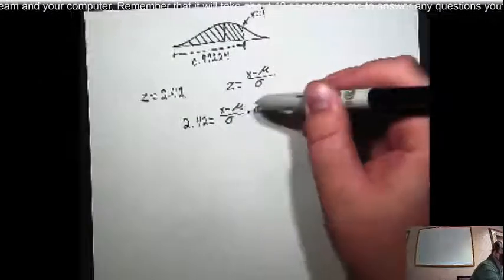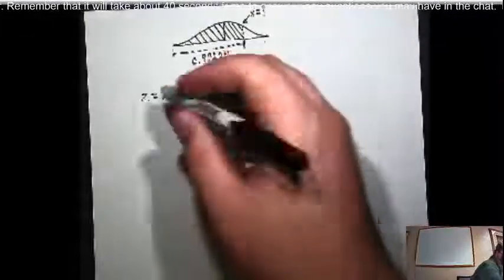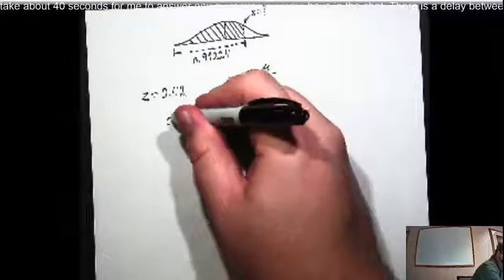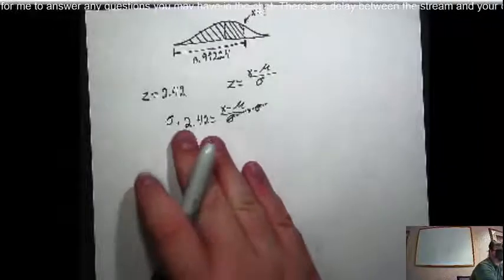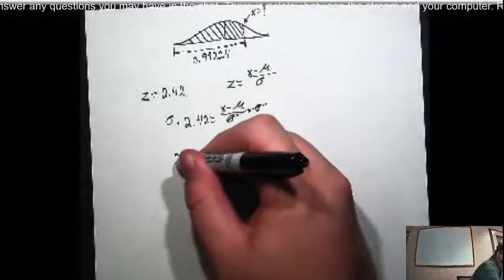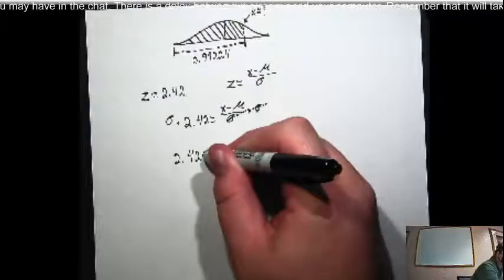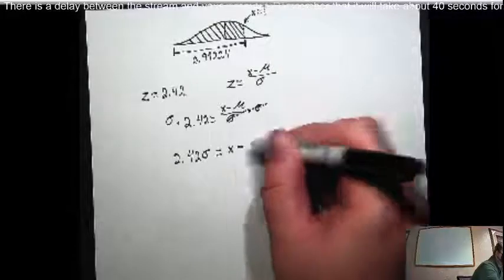If we divide by standard deviation and multiply by it, it cancels. Of course, we need to do the same thing to this side. We can't just do it to one side. So multiply by standard deviation on this side as well, which gives us 2.42 times sigma. That equals x minus mu.